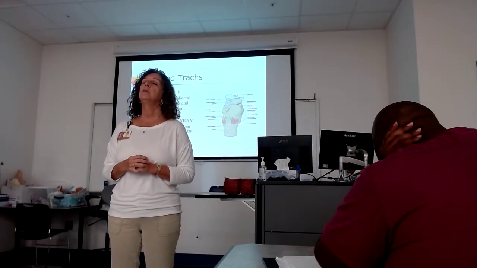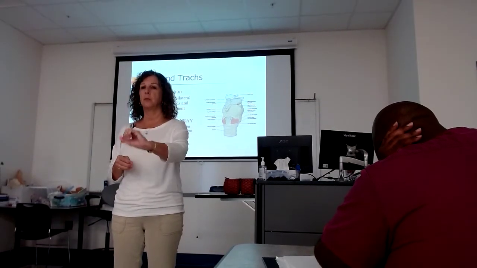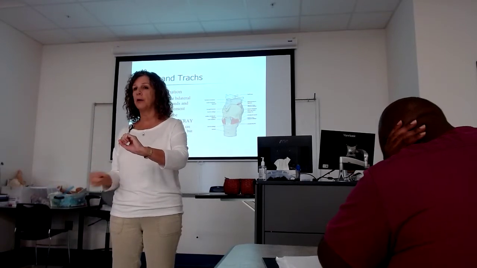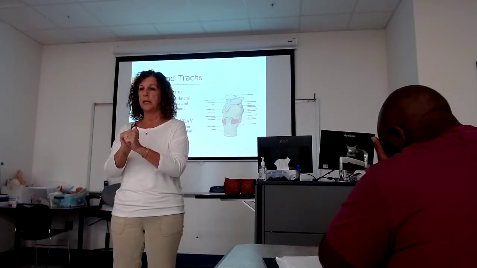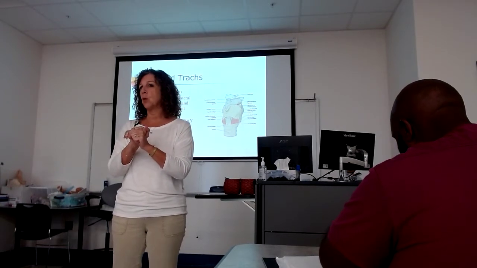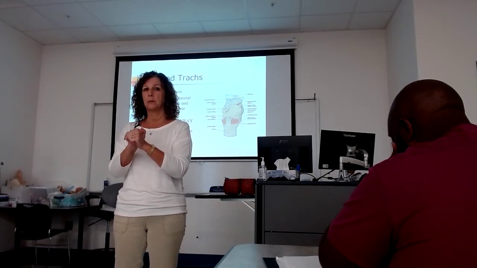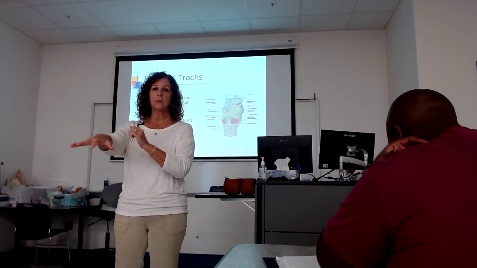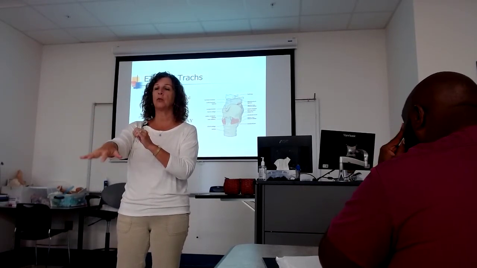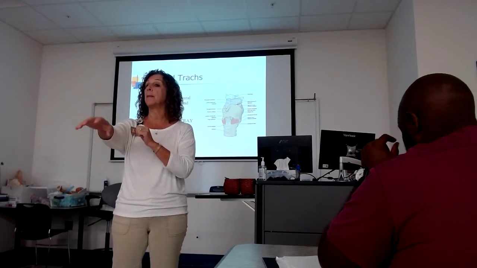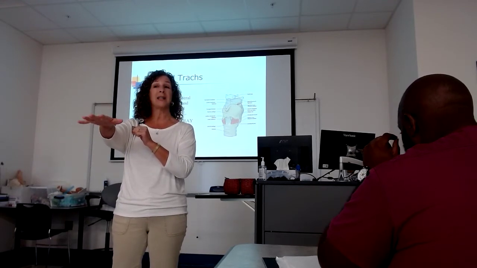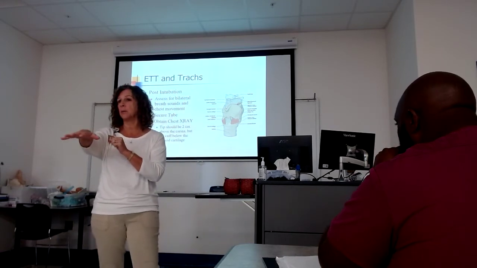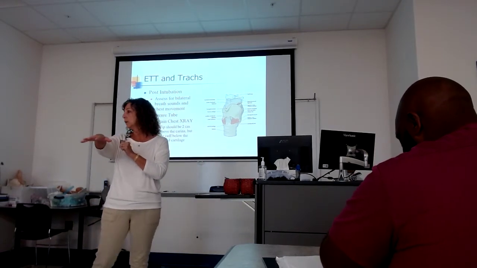So, immediately after they have gotten it in place, they're going to pull the stylet out. They're going to inflate the cuff and they're going to bag their patient. And what am I looking for on inspection? Symmetrical rise and fall. If I don't see symmetrical rise and fall, and instead I see the belly looking a little distended, we've got to get that thing right back out. We cannot afford to be putting all this air in the belly.